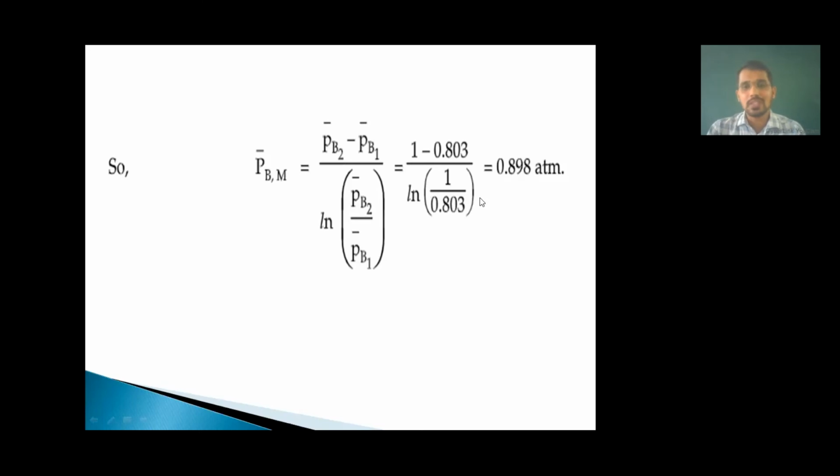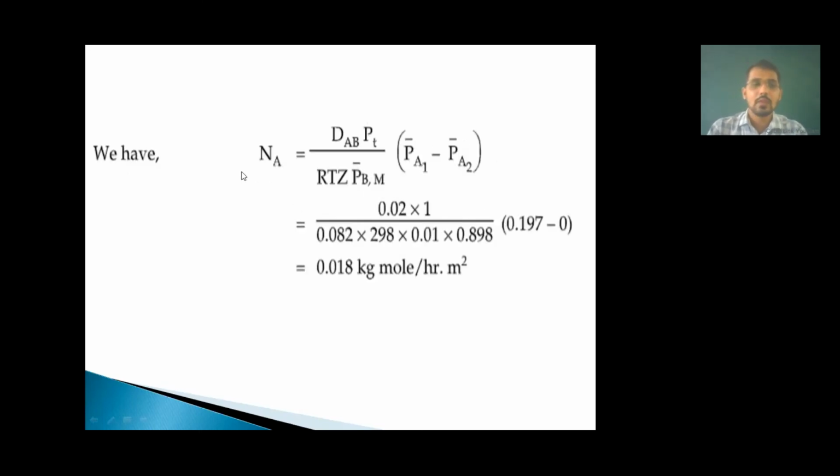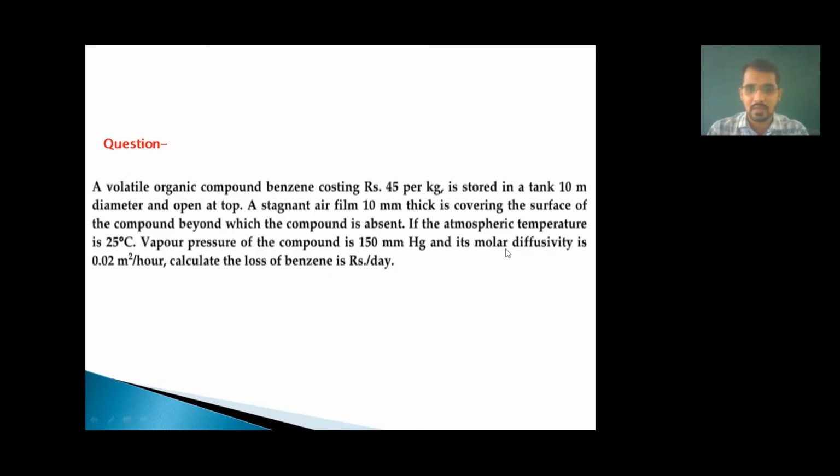Now we have to use this value in the formula for the molar flux. We know that for molar flux, the formula is DAB into PT divided by RTZ PBM into PA1 bar minus PA2 bar. So the DAB value is given, molecular diffusivity is given. Molar diffusivity is equal to 0.02 meters per hour.